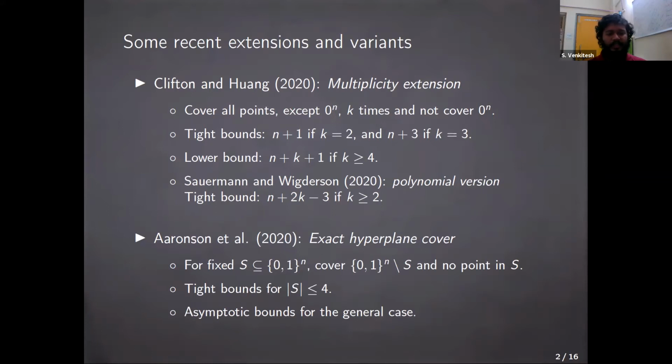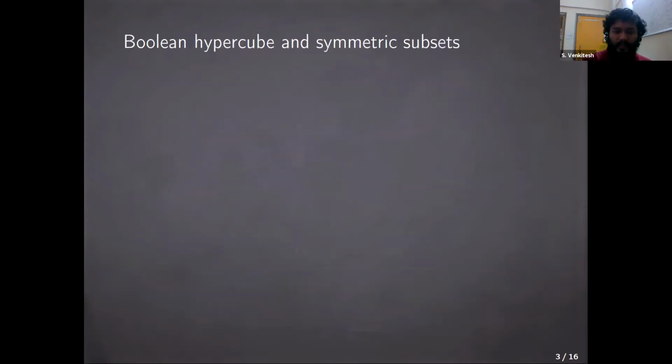So for a fixed subset S, cover the complement of S and do not cover any point in S using hyperplanes. And again, the same question, what's the minimum number of hyperplanes that you require? They gave tight bounds whenever this subset to be excluded has size at most 4. And in general, they have asymptotic bounds. So these are the two very interesting results that popped up last year. And this year, I'll give you some extensions.